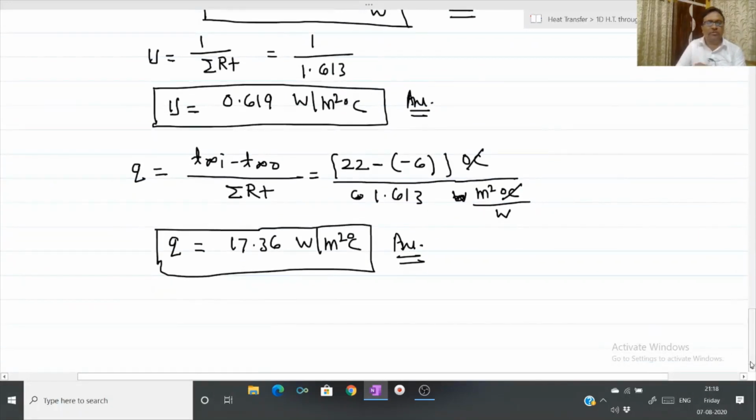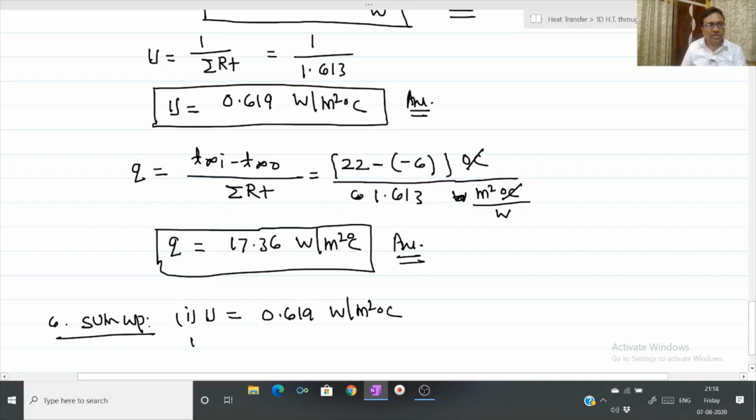Now, as per our procedure, let us sum up all the things. So I was supposed to calculate U. So U comes out 0.69 watt per meter square degree Celsius.